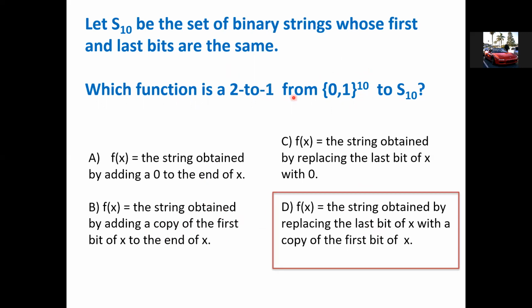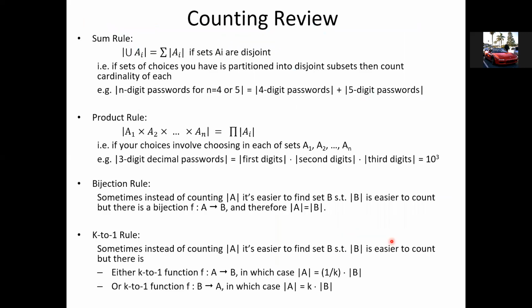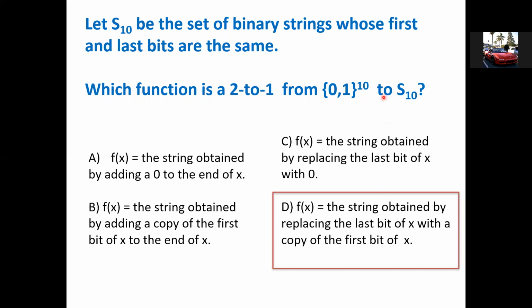Because how many pre-images does a string have? Well, itself, or the flip of the last bit, because this flip of the last bit would get squashed by this operation, would just be forgotten. So it's two strings that get mapped into one, and therefore the cardinality of the set must be 1/2 the cardinality of this one.